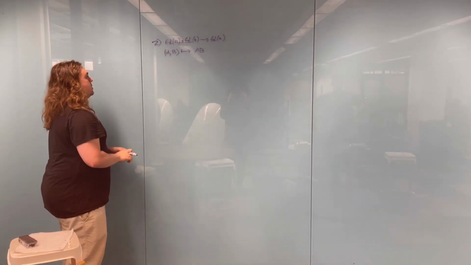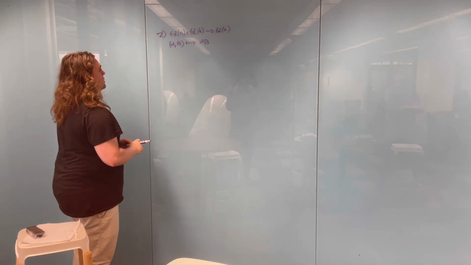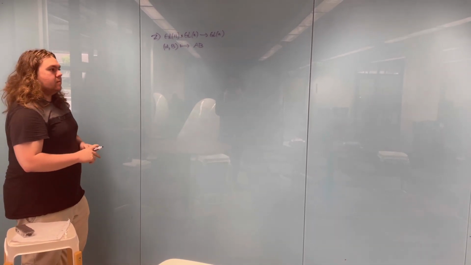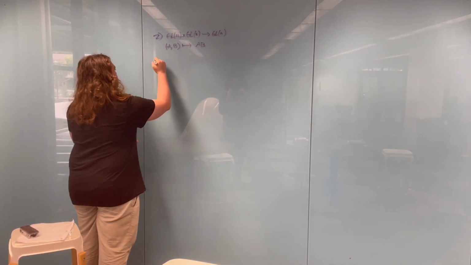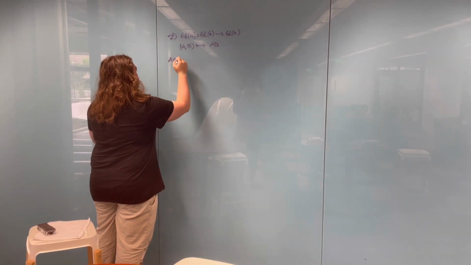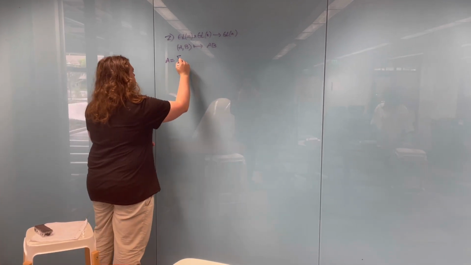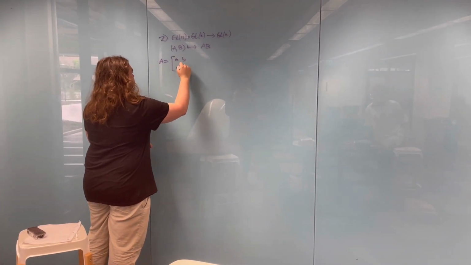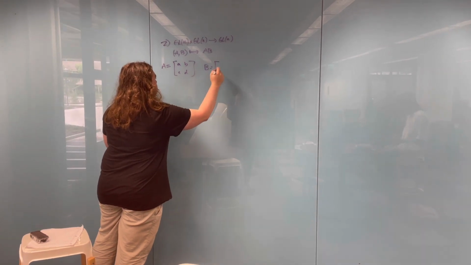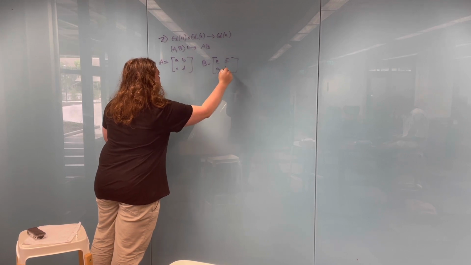In order to do that, let's visualize it first with two kind of generic matrices. So let's say A is equal to a, b, c, d. And we'll say B is equal to e, f, g, h.